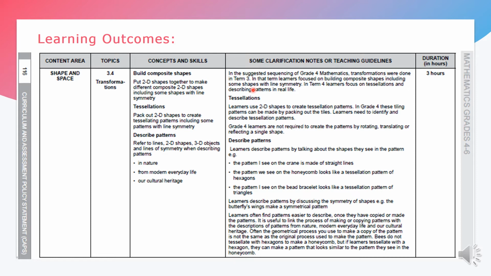So it's not never, but it's most preferred, third term. In this term, learners focus on building composite shapes, including some shapes with line symmetry. In term 4, they will focus on tessellation and describing shapes in real life. And they explain what tessellation is according to CAPS.